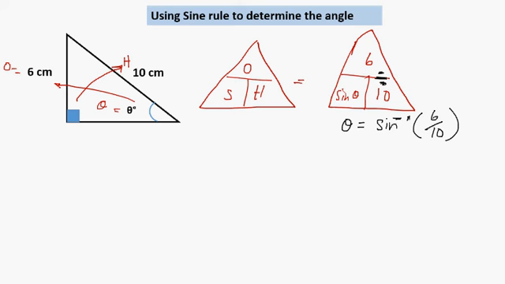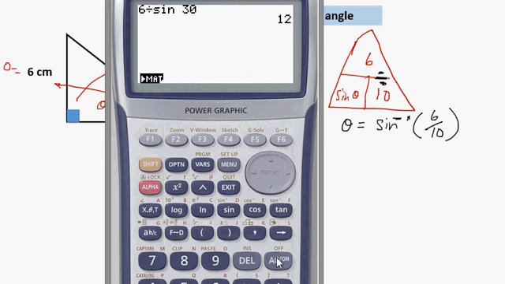Let's go and try this on the calculator. Please note, always use the bracket, and in sine rule the denominator will always be the hypotenuse, that is the biggest of the two numbers.